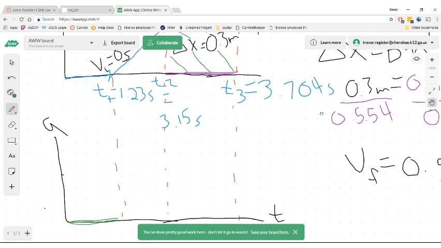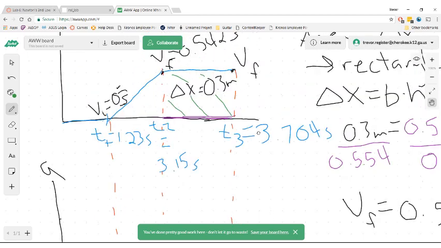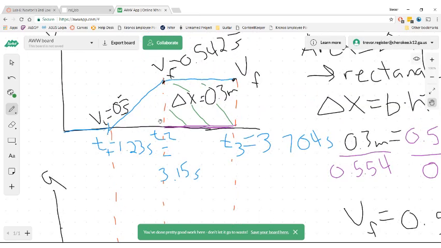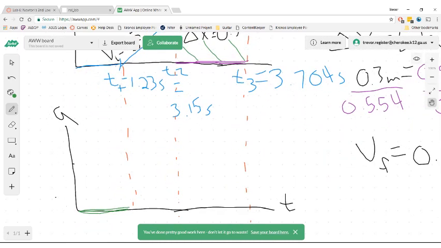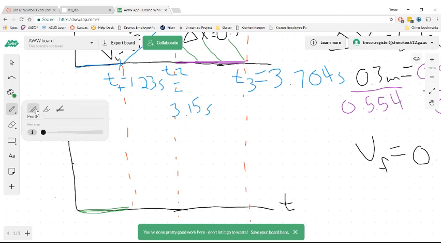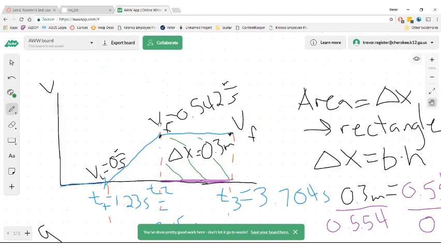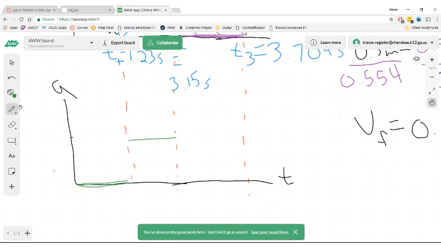And then if we look up here, while the cart was accelerating, while the fan was on, we have a positive acceleration, and that's the number we're actually looking for. Okay. And then after the fan was off, the velocity was constant again, and so the acceleration jumps back down to 0.